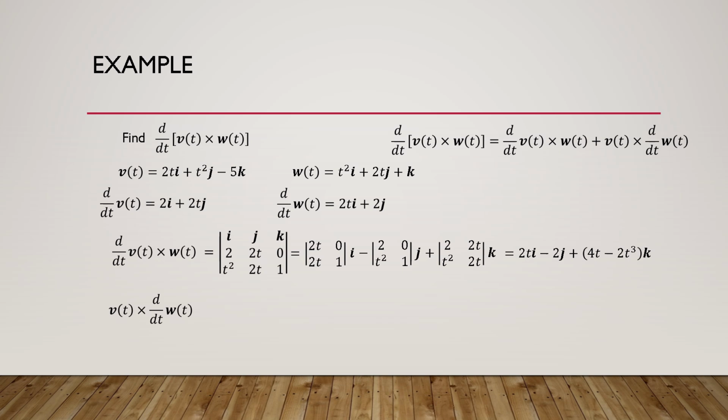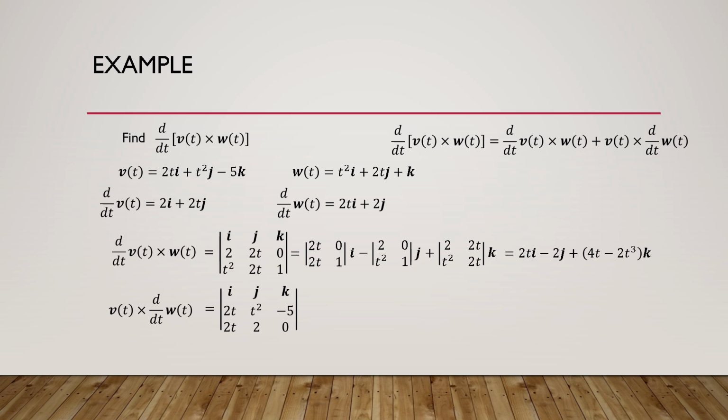Next, we take the cross product of v(t) and d/dt of w(t). Again, we use a 3x3 determinant with the first row as i, j, k, the second row from v(t): 2t, t squared, and negative 5, and the third row from d/dt of w(t): 2t, 2, and 0.